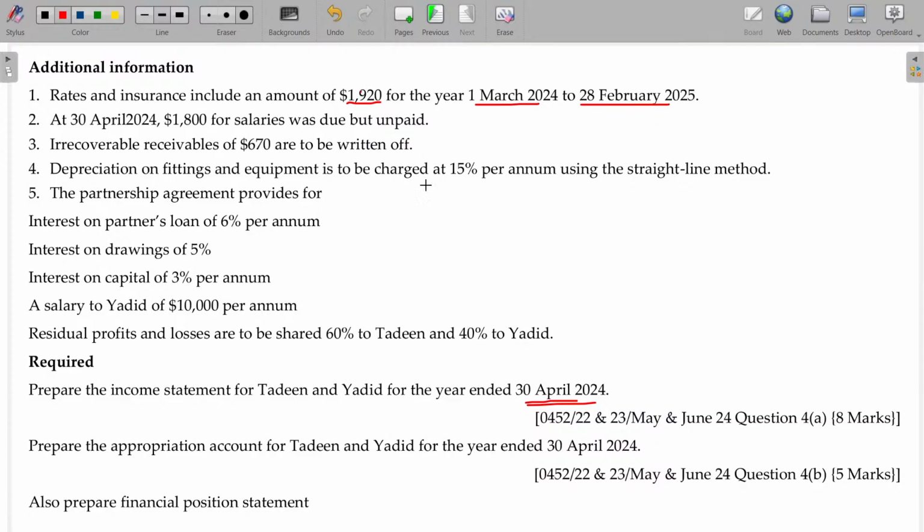So this 1,920 is from 1st March to 28th February 25.